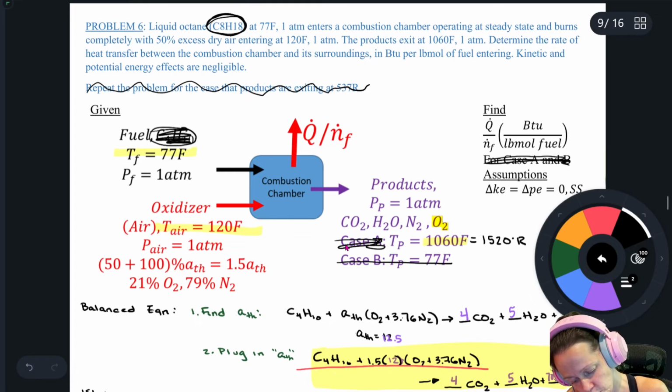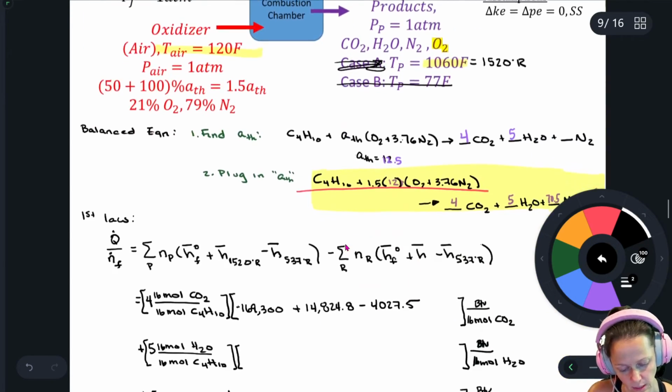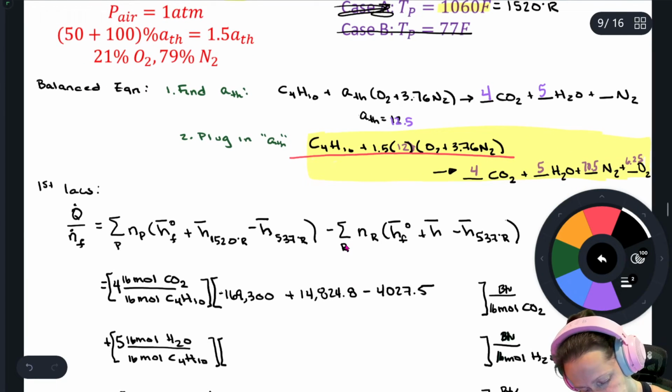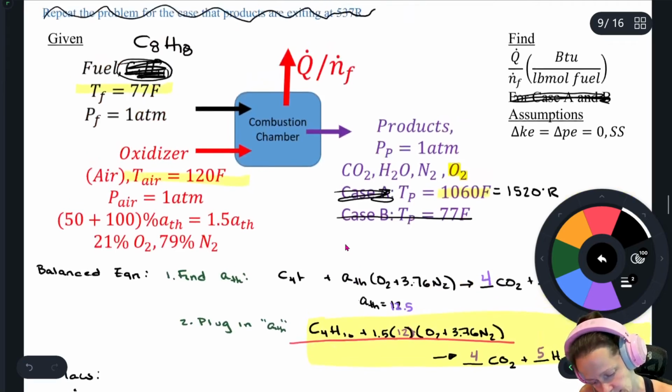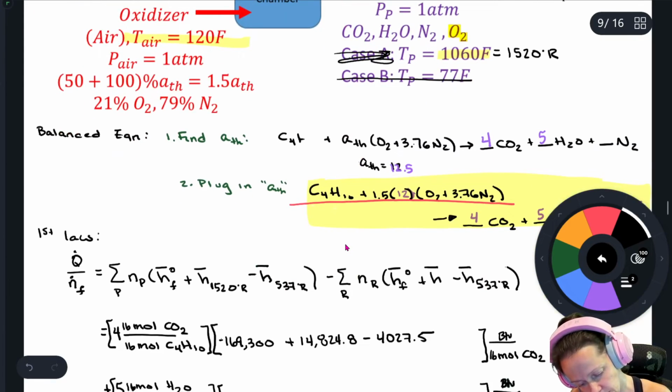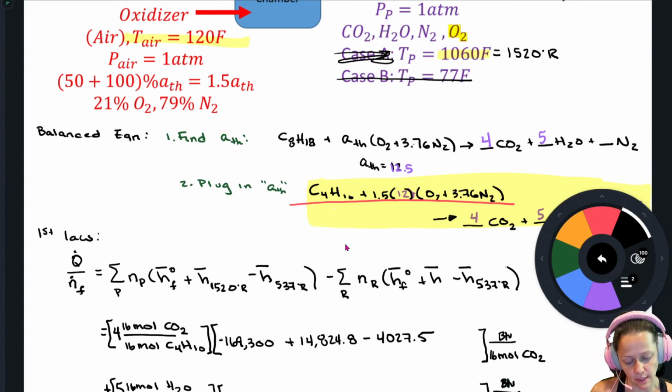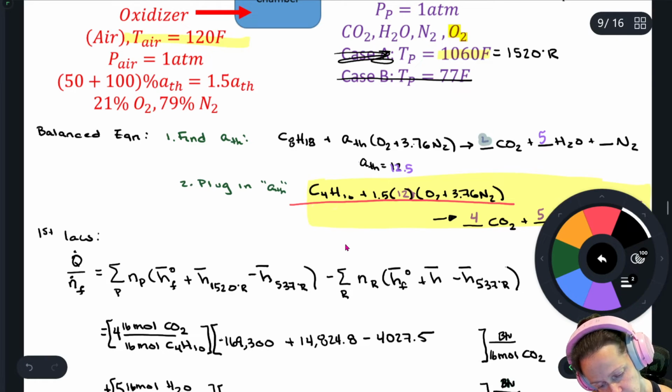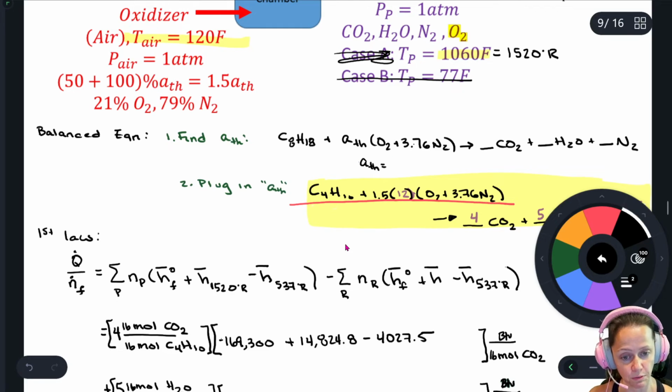My numbers do reflect C8H18, some of them anyway. So sorry, y'all. C8H18. My goodness. Some of these things are going to change, aren't they? It is 12.5, by the way.